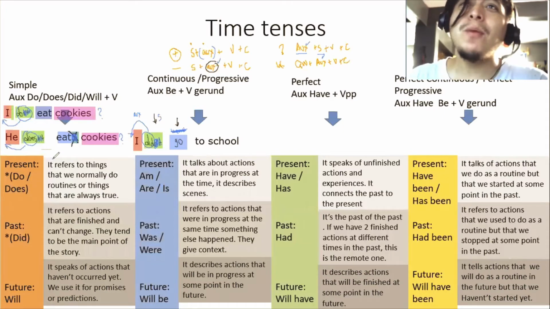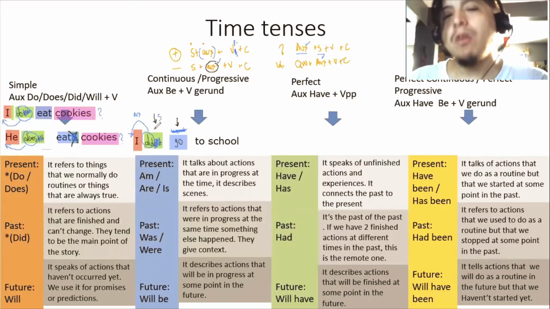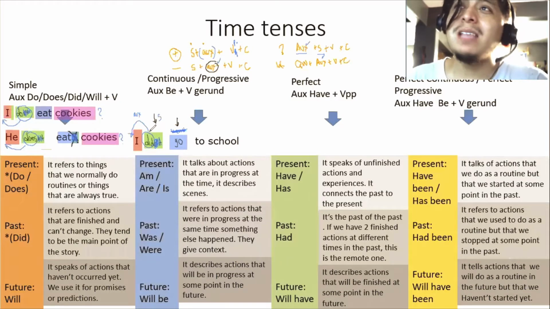This is one problem with the simple present and the simple past. They are complicated because they never use the auxiliary in affirmative statements. And when you don't have the auxiliary, sometimes the verb has to take an S, or sometimes the verb has to take the past. The past form normally is the verb plus D or the verb plus ED, but in this case, go is irregular.